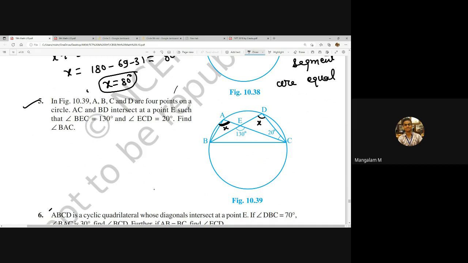So this is x, this is 130, it will make a straight line, so it will be 50 degrees, right?